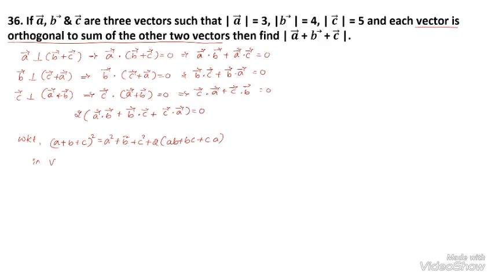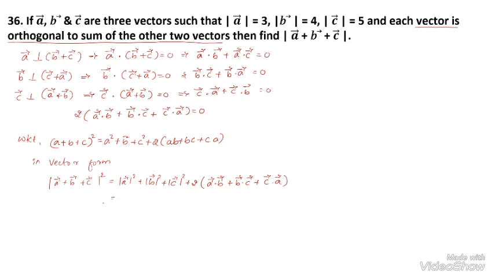This formula can be written in vector form: magnitude of (vector A plus vector B plus vector C) whole square is magnitude of A square plus magnitude of B square plus magnitude of C square plus 2 into (A dot B plus B dot C plus C dot A).